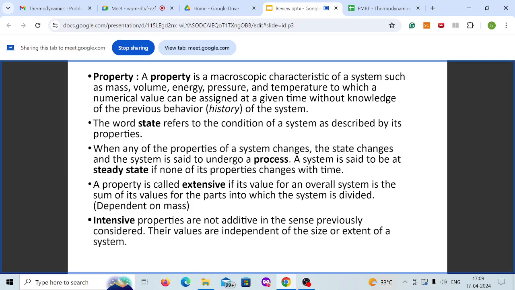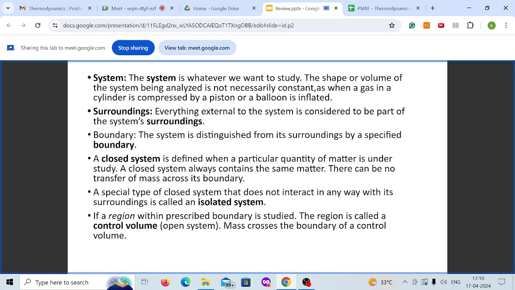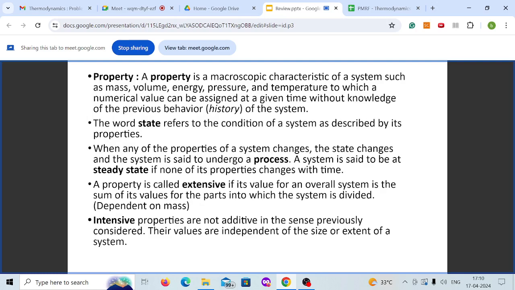Next, we know what a system is, and we also know the types of systems. So how will we define a system? We define a system based on its properties. A property is a macroscopic characteristic of a system, such as mass, volume, energy, pressure, and temperature. These are all properties of a system. They are called state properties or state functions, to which a numerical value can be assigned at a given time without knowledge of the previous behavior.